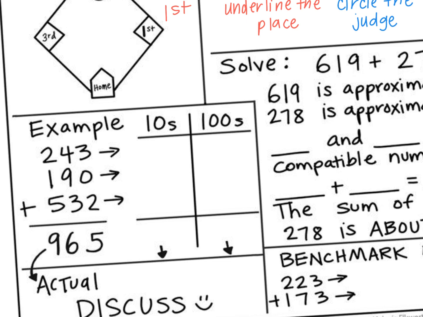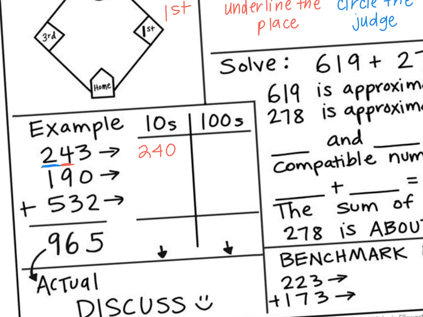So if I rounded each of these numbers, I could round 243 to 240 if I round to the nearest tens, right? Because I would be rounding this digit. If I round to the nearest hundreds, I would be rounding the 2. Would it go all the way down to 200? Or is it greater than half and go up to 300?